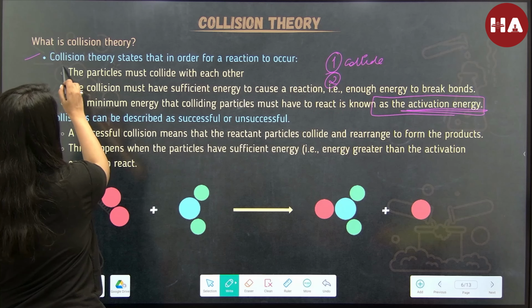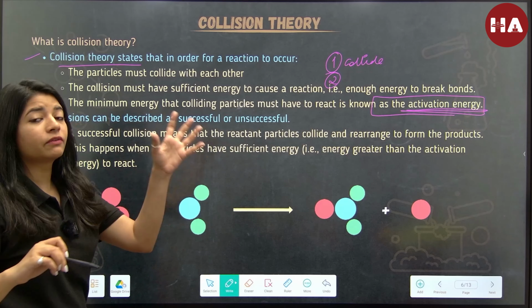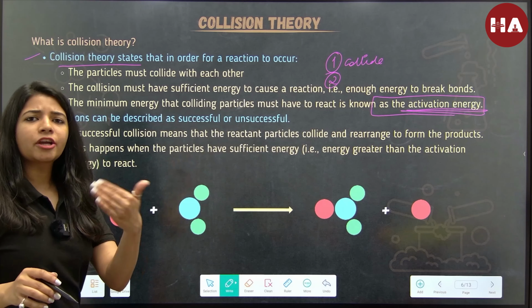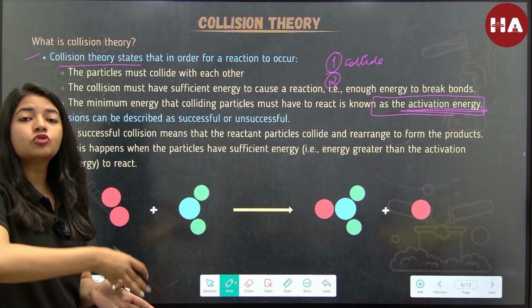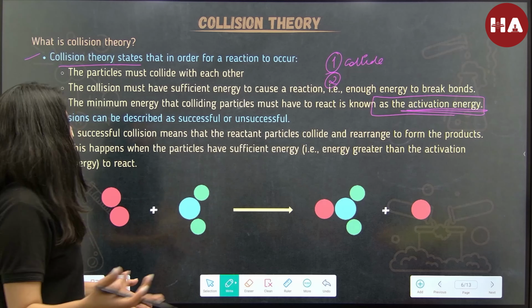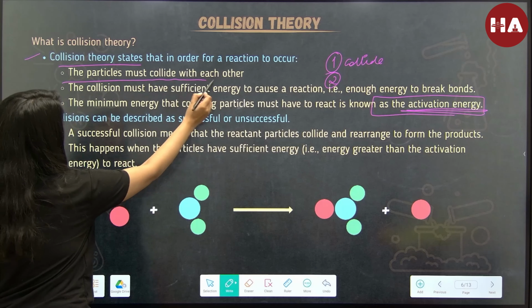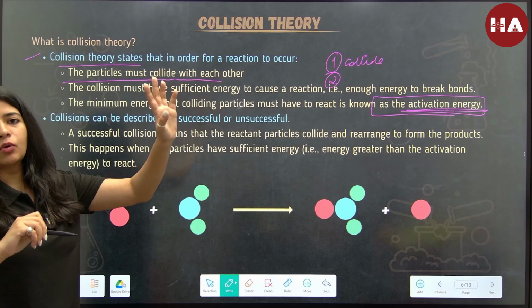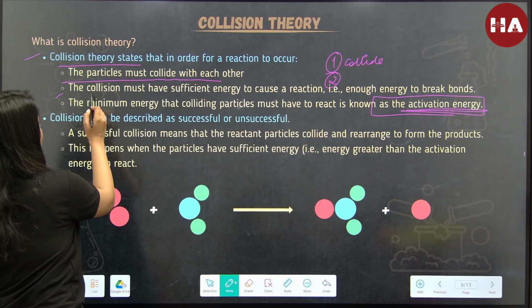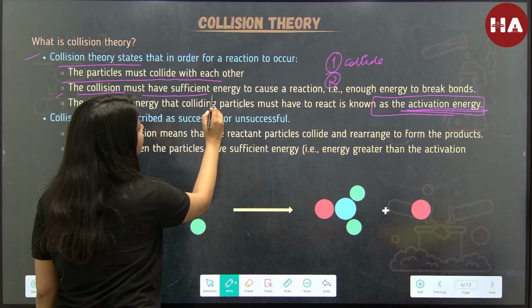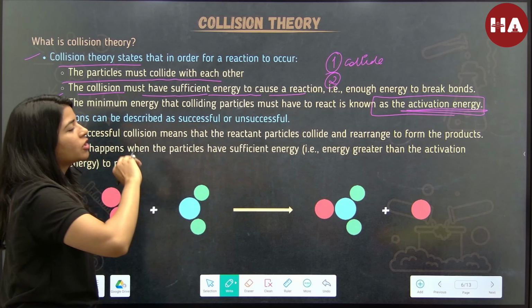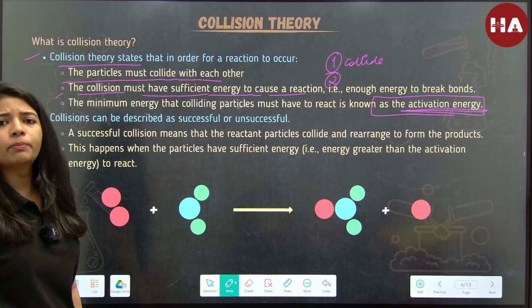What is collision theory? Collision theory states that in order for a reaction to occur, meaning for the reactants to convert into product, the particles must collide with each other. We have already written, they must collide. Second, the collision must have sufficient energy to cause a reaction, that is, enough energy to break bonds.